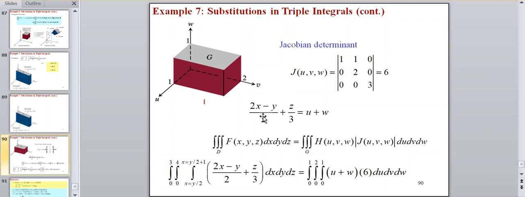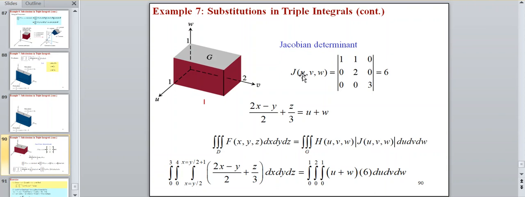Just now I calculated that 2x minus y divided by 2 is u, and z over 3 is w. So we put it here. And then we do not forget the Jacobian of the substitution, du, dv, dw. We can solve in this order because G is rectangular.